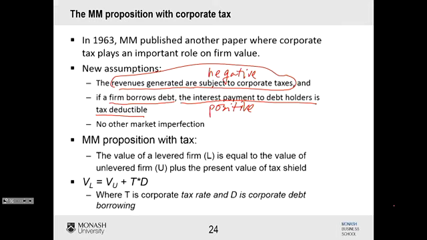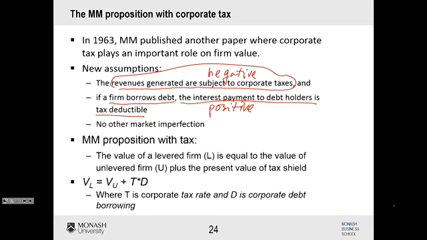Okay? And we still hold the other conditions, which is that market conditions are perfect. There is no asymmetric information, no transaction cost, and a change of the capital structure is not going to change real investment policy. Therefore, the value of the firm is going to change.